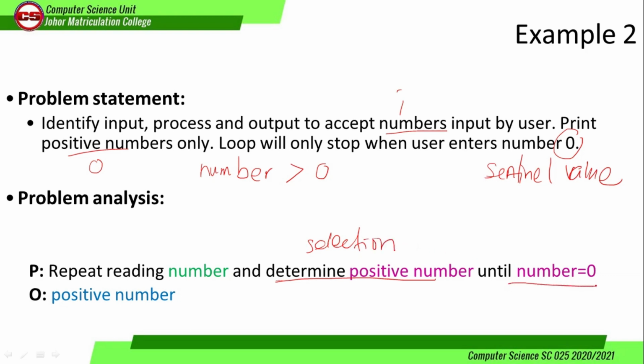This one, until number equal to 0, is a sentinel control. It means a repeat. Okay, what's the input? Input is a number. Sometimes students say, repeat reading number and determine positive number based on number greater than 0 until number equal to 0. That is also possible. Or just like this.